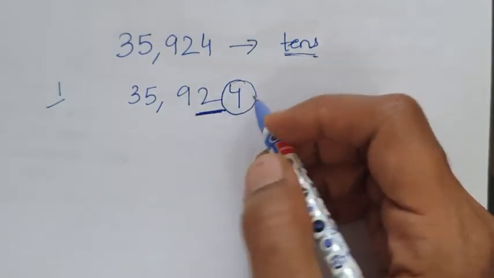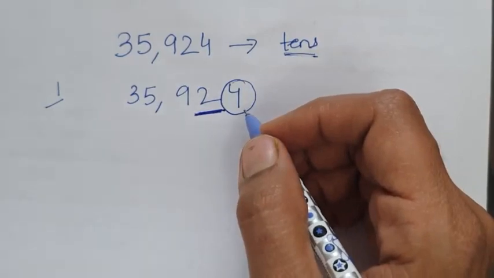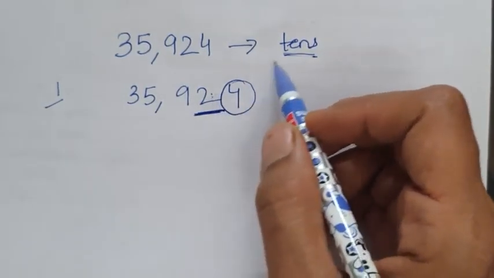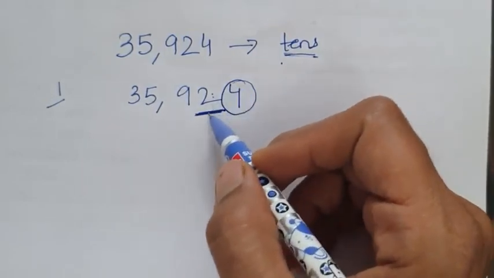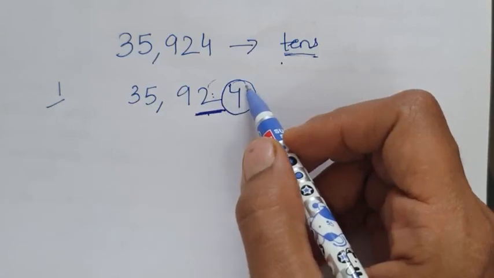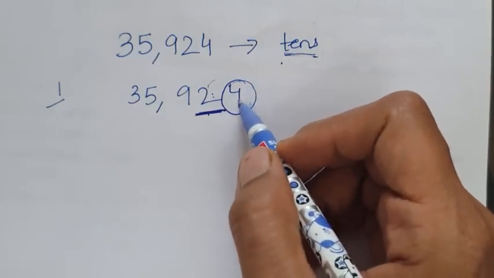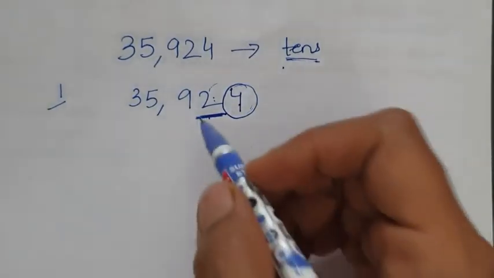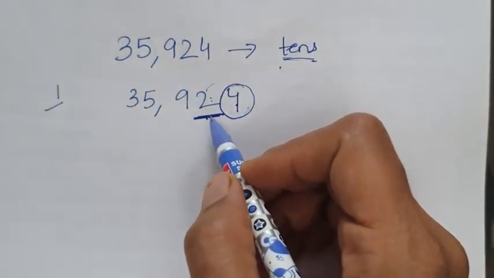Clear? Now, the first step was to underline the digit which we have to round off. Then draw the circle against the digit which is just next to the underlined digit.